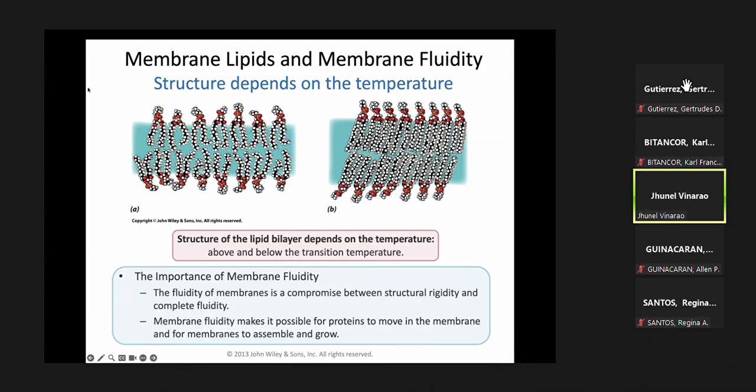Lack of water content. Okay, wait, let me minimize the chat box. So in this figure, you guys are correct, at least most of you. This one is more solid and this one is more liquid.